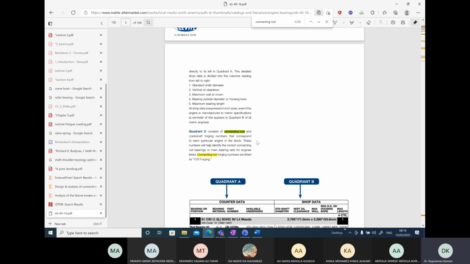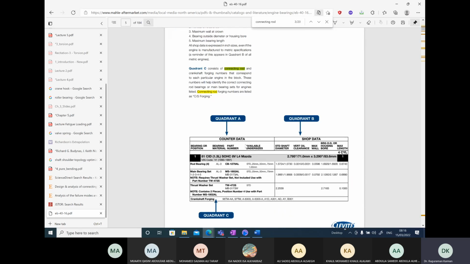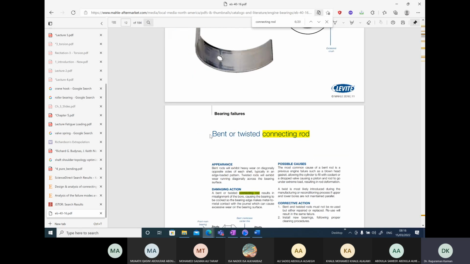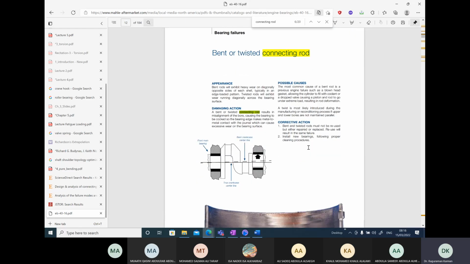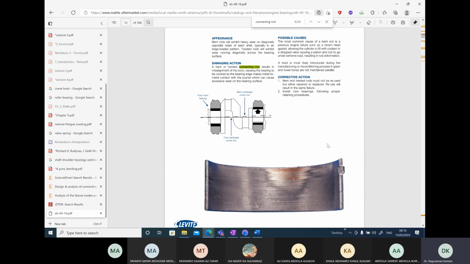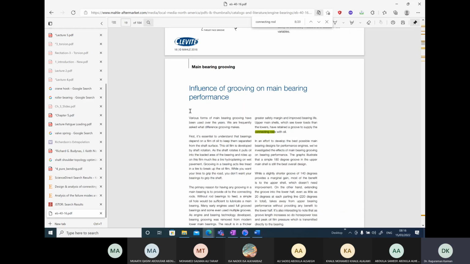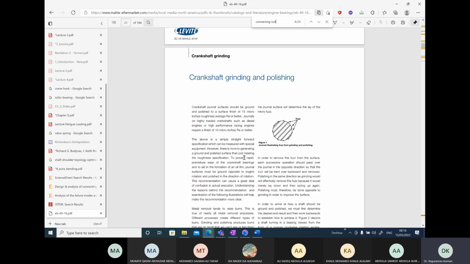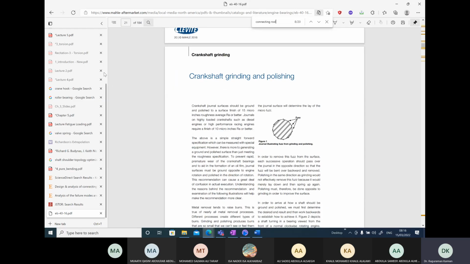So maybe you need to look around at what kind of data we have. Okay, bent or twisted connecting rod. Go through these brochures in this way. You have to search around. It may not be easy to get the data you require, but you have to search for it.